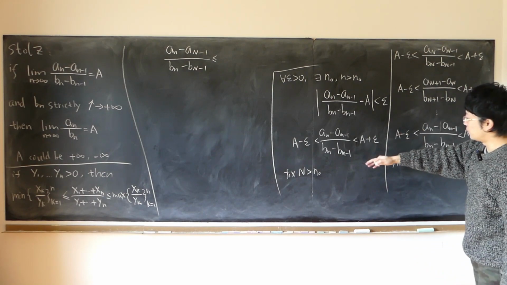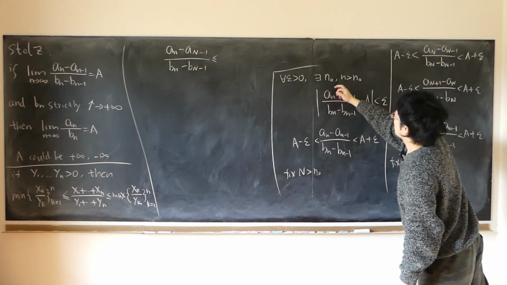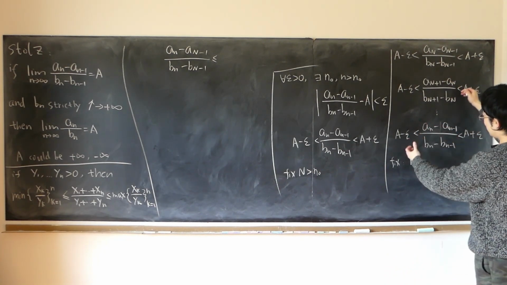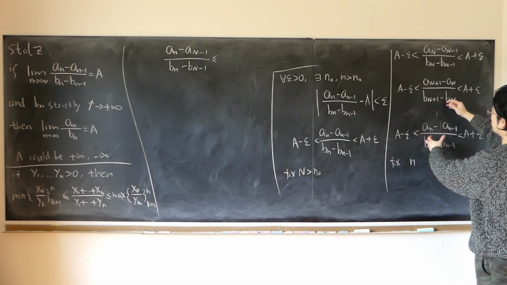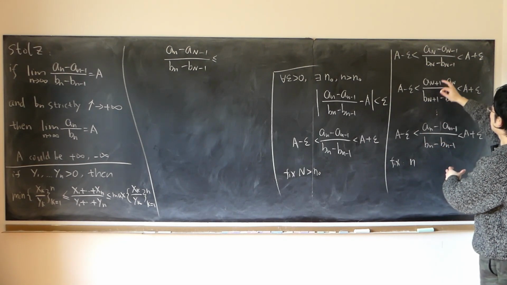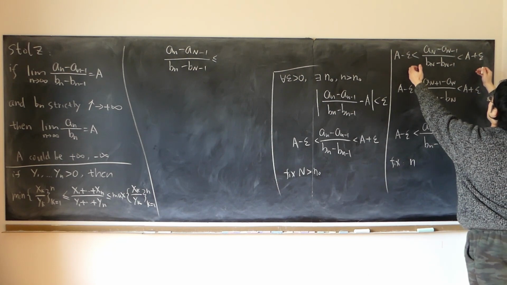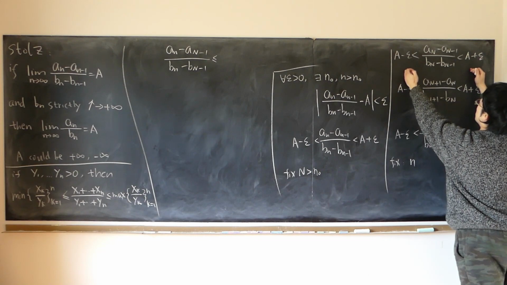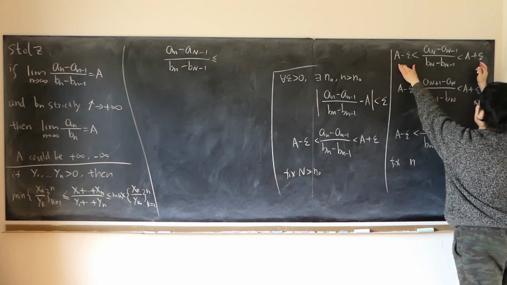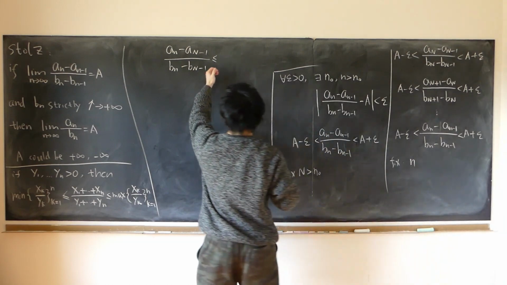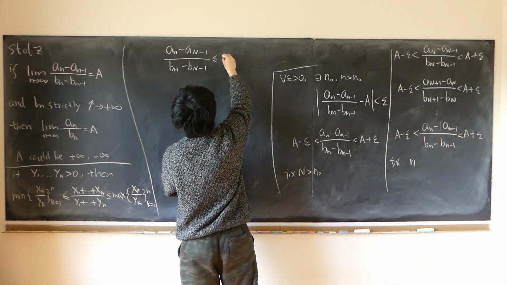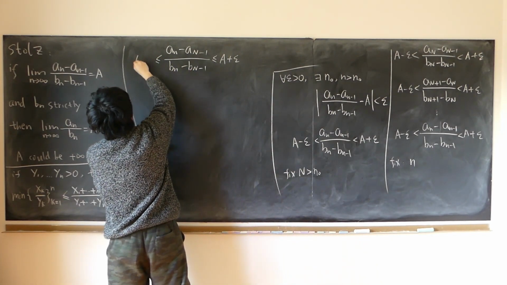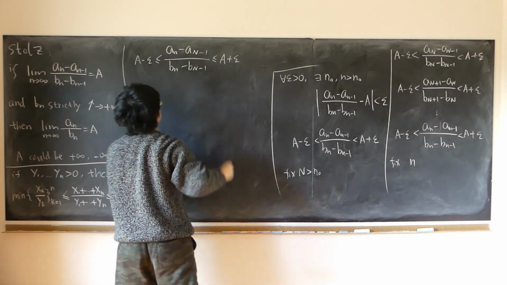Since, like I said, we fix capital N and fix little n, we have finitely many terms here, so there has to be a maximum fraction. And since every fraction is in between this and that, the maximum has to be in between this and that as well, and the minimum has to be in between this and that as well. So it has to be still less than or equal to a plus epsilon, and still larger than or equal to a minus epsilon.